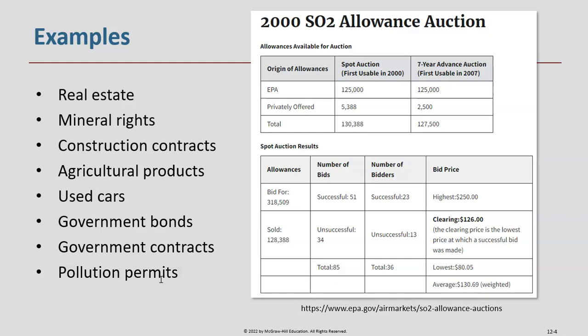Auctions are used by the federal government to allocate mineral rights. Construction contracts are put up for the lowest bid. Agricultural products are auctioned. There are used car auctions.